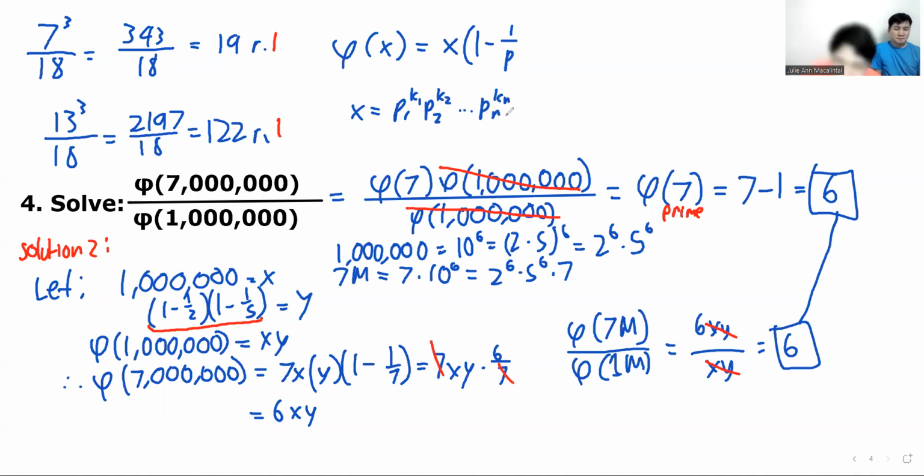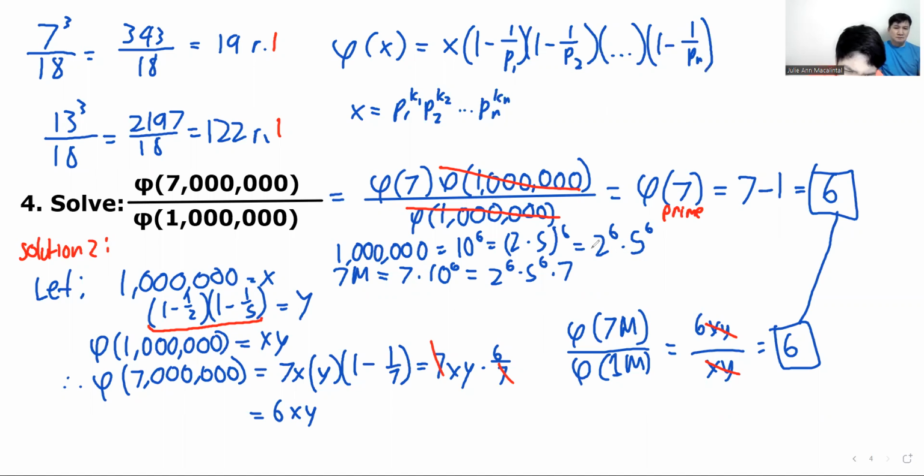It's just many primes raised to their respective powers and then all multiplied. So this is 1 minus 1 over the first prime, times 1 minus 1 over the second prime. Of course, the order does not matter, and it keeps going until 1 minus 1 over the last prime.